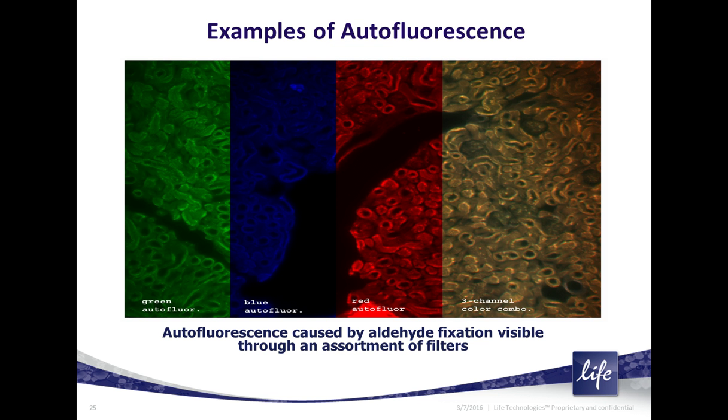And here's a general image showing how autofluorescence in a tissue sample is very ubiquitous through all the channels. It's a very broad excitation and emission. Here I show the typical 3 channels, green, blue, and red, and then an overlay of them of a kidney sample, showing how it's throughout the wavelength.